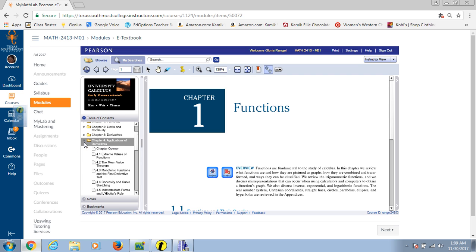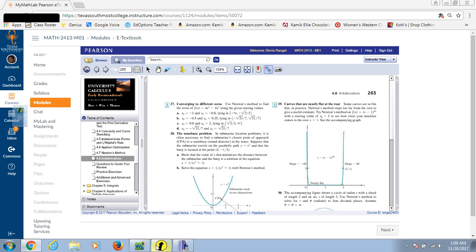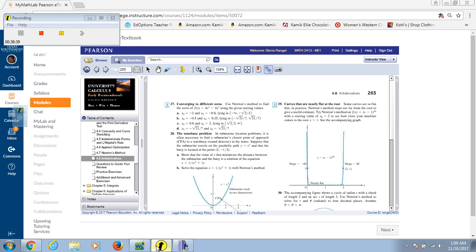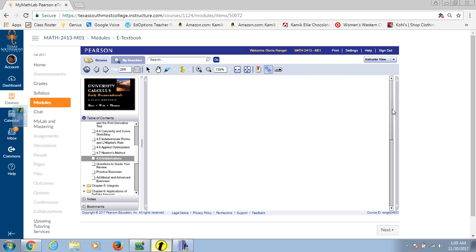So if I go back to section 4.8, specifically to page, the first page obviously. Not that one either, this one.